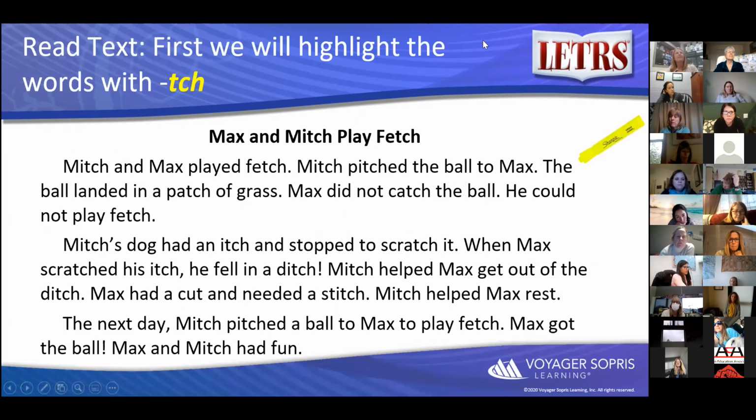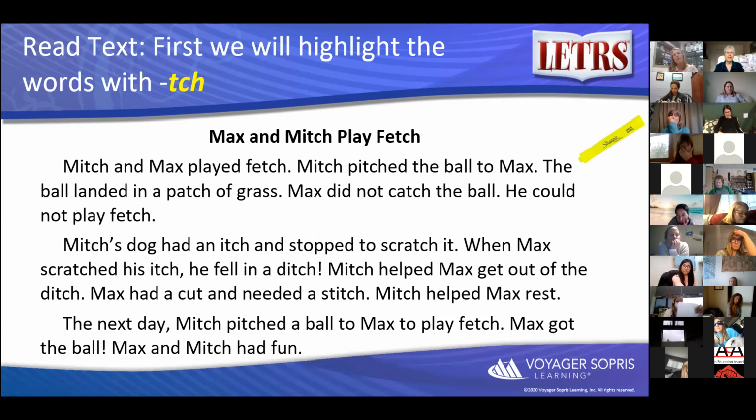All right, so next, at the bottom of your page, you have your decodable text. The title is Max and Mitch Play Fetch. Take a highlighter or a pencil if you have it, and go ahead and underline all of the words that have the grapheme TCH, trigraph TCH.